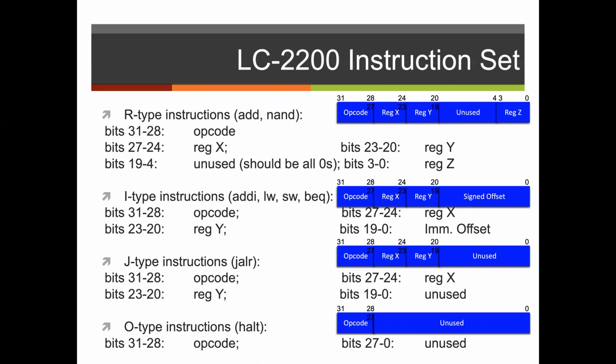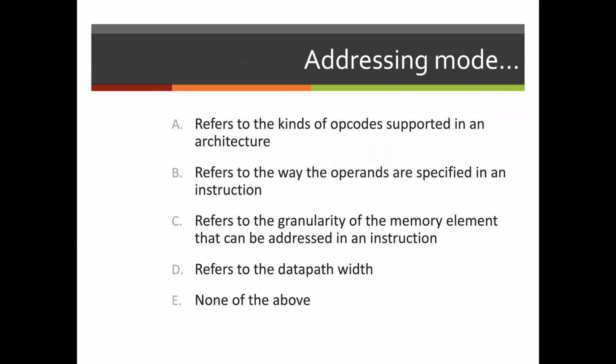So we've discussed our various types of instructions, our R-type instructions, I-type instructions, the J-type instructions, and our O-type instructions. And so it's important to keep in mind with each of these instructions, what is the addressing mode and what does it refer to? So you want to keep in mind that this is going to provide us a mechanism to understand how we can appropriately calculate the memory address for those instructions based off of the operand available.